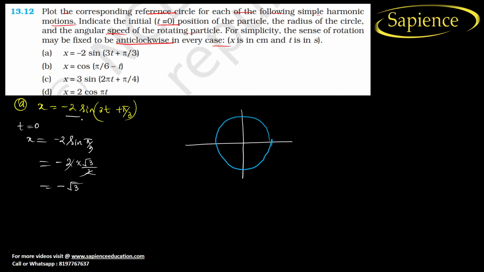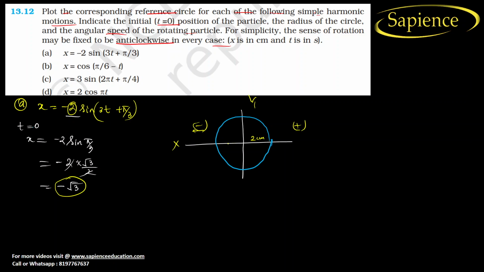Since the maximum amplitude is 2 centimeter, the radius of the circle is 2 centimeter. Now the corresponding x value is minus root 3. So this is x, this is y, this is the negative direction, this is the positive direction.